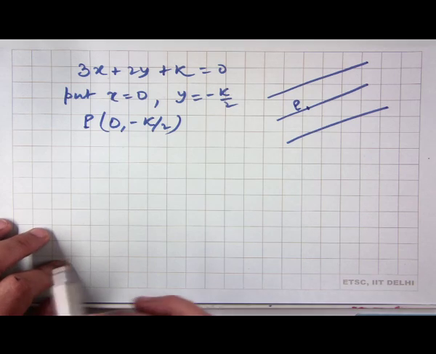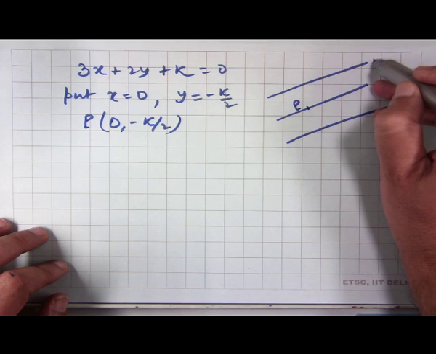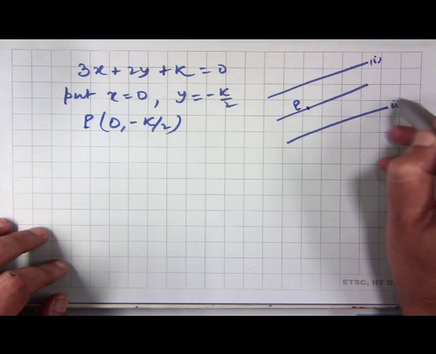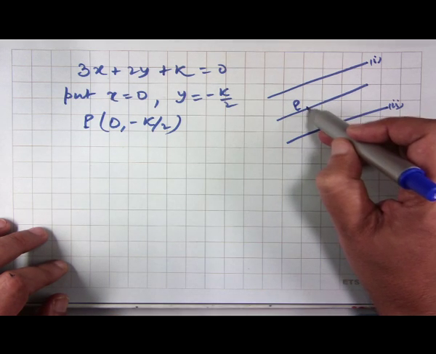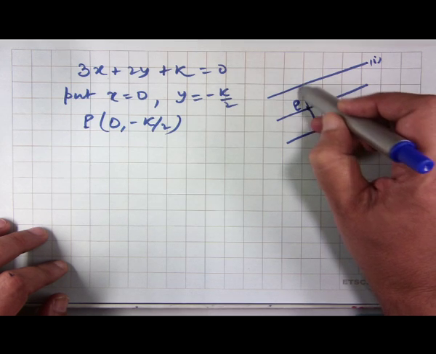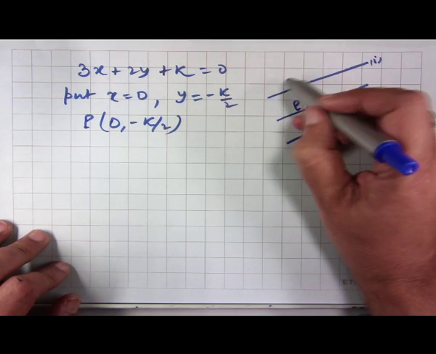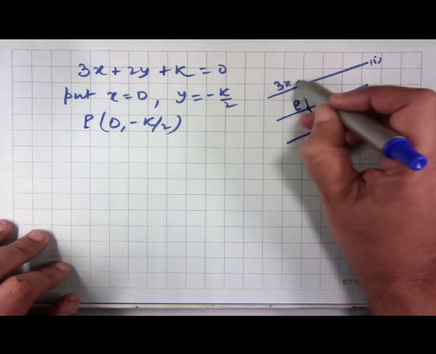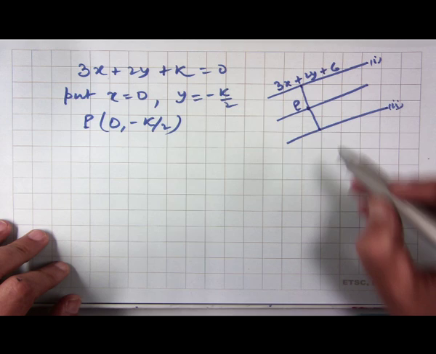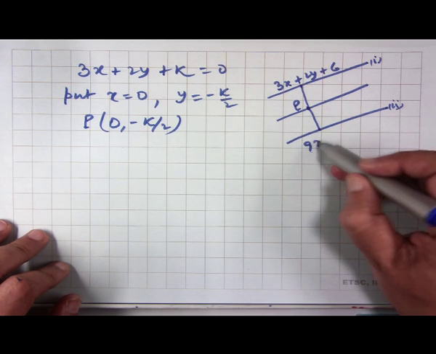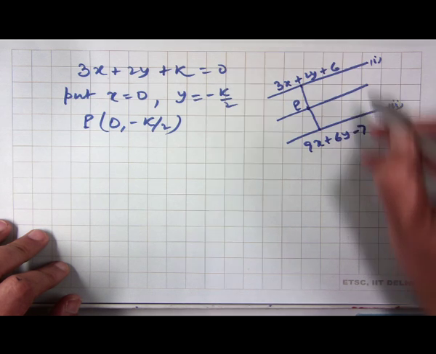According to the question, it is given that this line is equidistant from lines 1 and 2. So this distance and this distance must be equal. And this is the line 3x plus 2y plus 6, and this is the line 9x plus 6y minus 7 equal to 0.